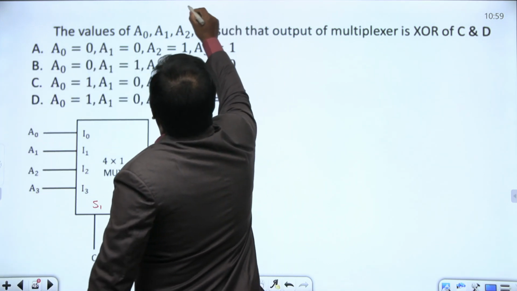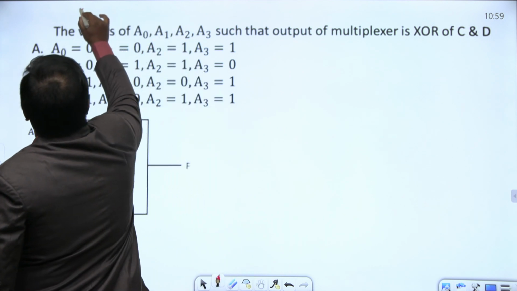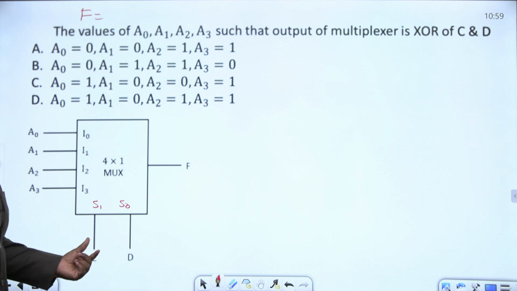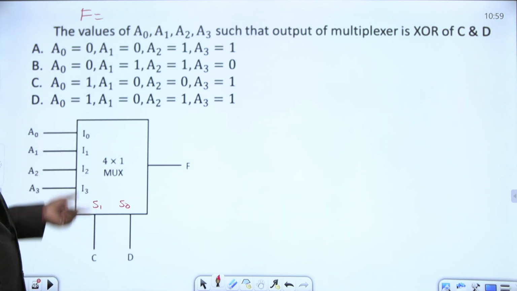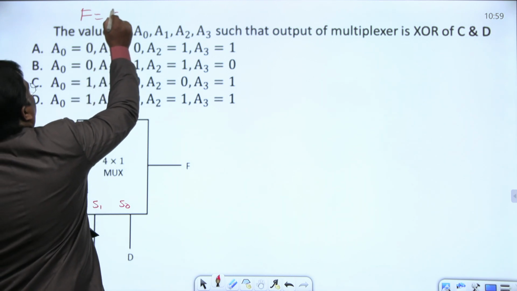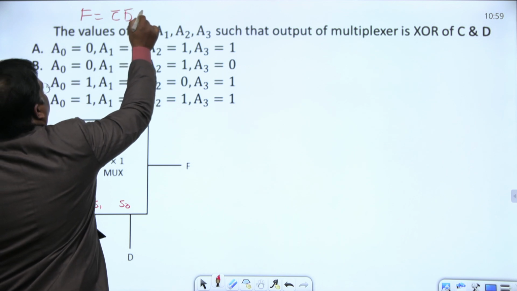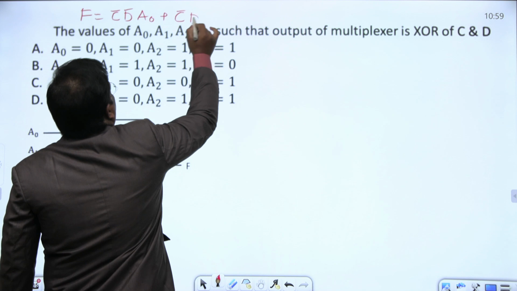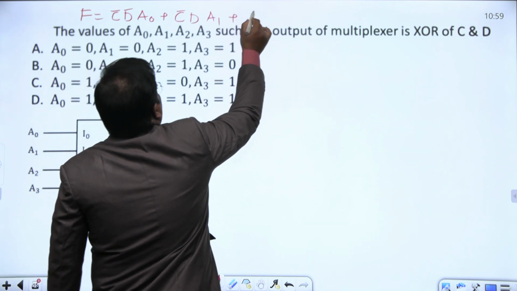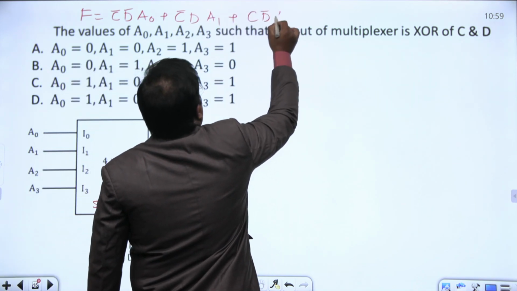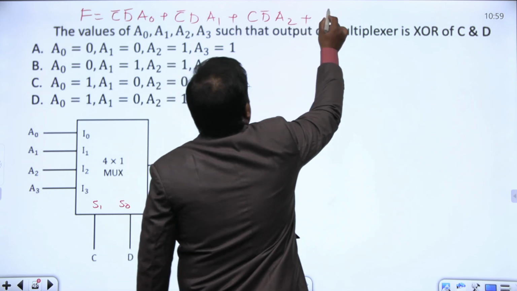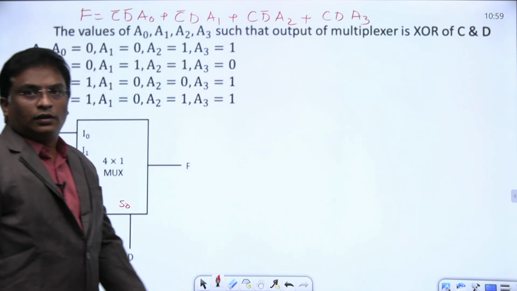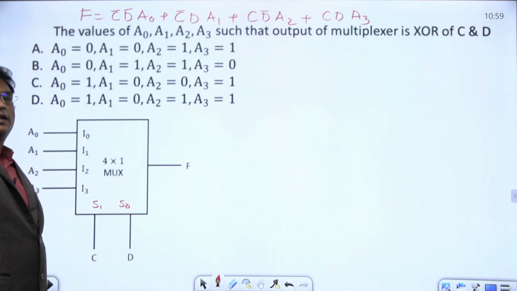If you write the output equation F for this multiplexer, with selection lines S1 bar, S0 bar for the first line, it is C bar D bar into A0 plus C bar D into A1 plus C D bar into A2 plus C D into A3. That's all. This is the general expression.